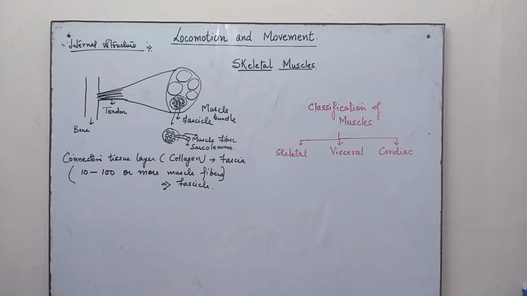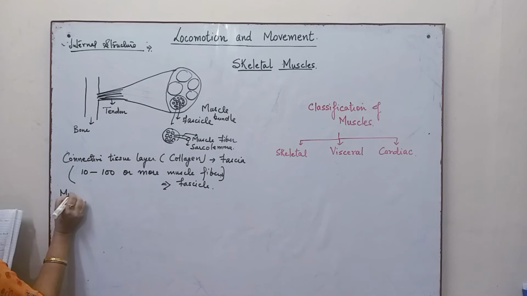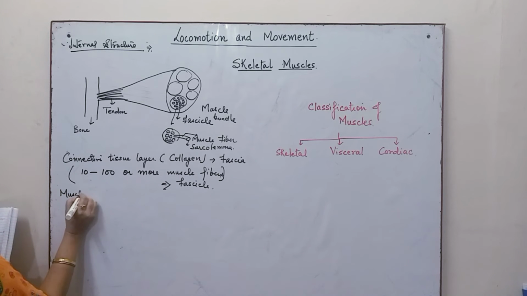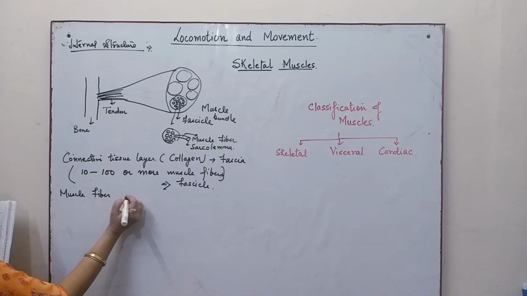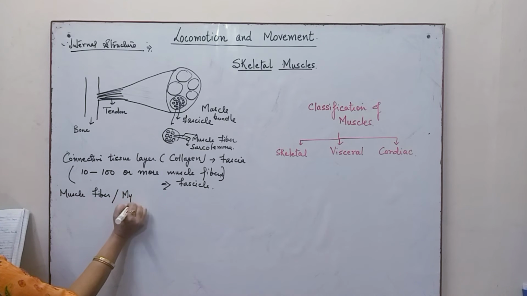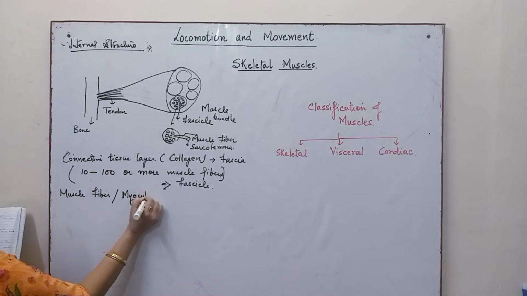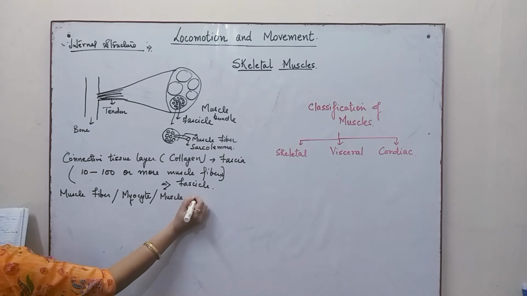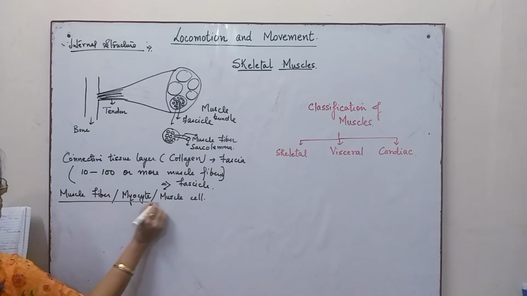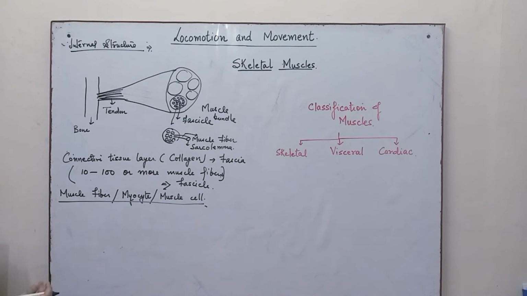Now, when we further study the muscle fiber, each muscle fiber, we call it a myocyte, we also call it a muscle cell. These are the different names, so we can refer to it.